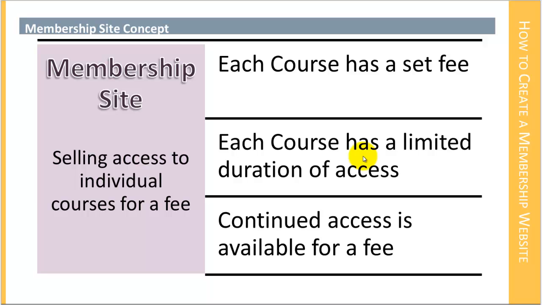Now, people have asked, are we going to do drip content, and are we going to do other kinds of membership sites? And the answer to that is no, although most of the information that you need in order to do some other kind of thing, like a site that drips content rather than making the entire course available at one time, will be covered inside of this course.